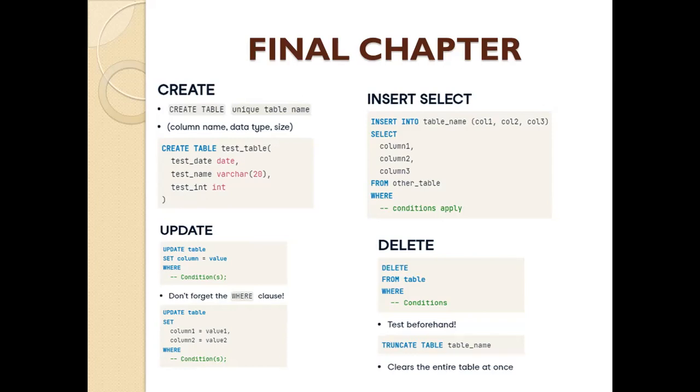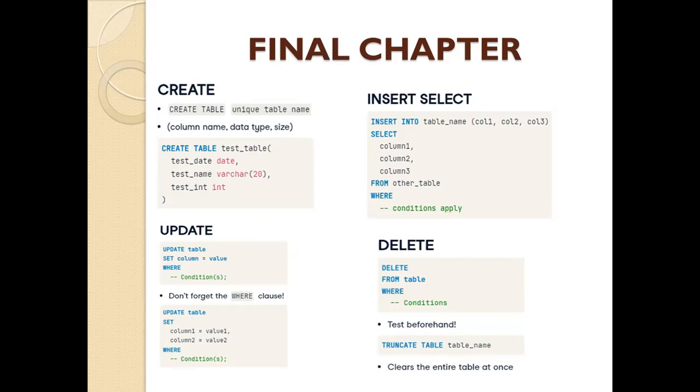So first of all, how we have to create a table. For creating a table, you will write the syntax create table followed by the table name. In the parentheses, you will write the column names separated by commas, and each column name will be followed by its data type and size also.